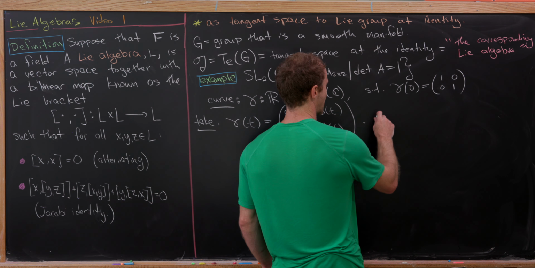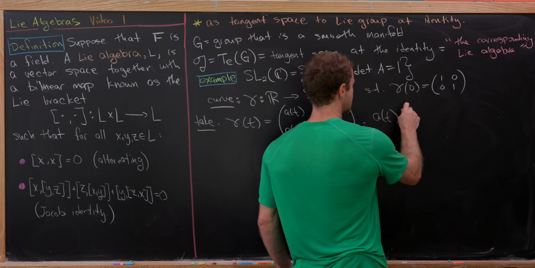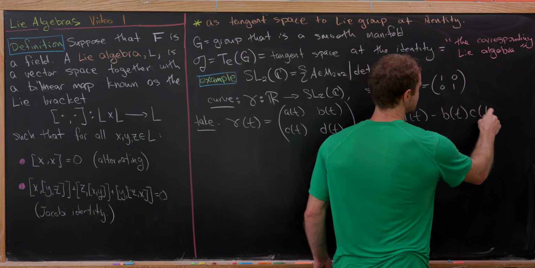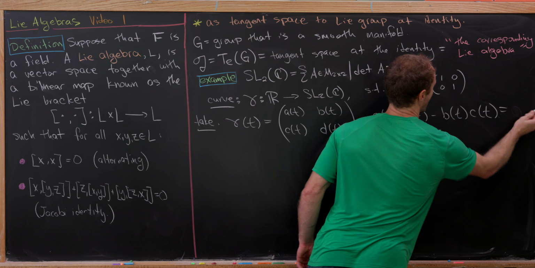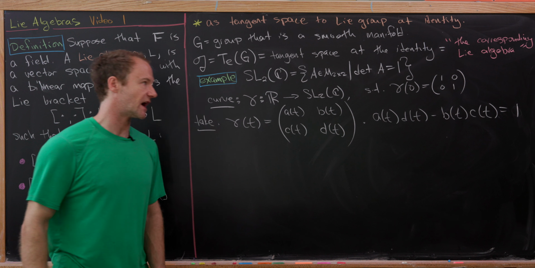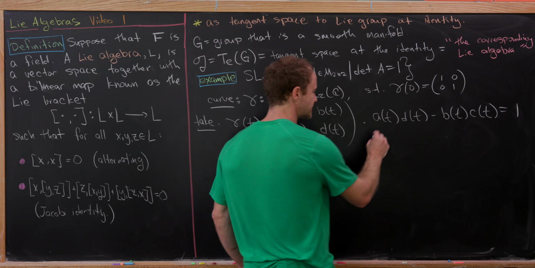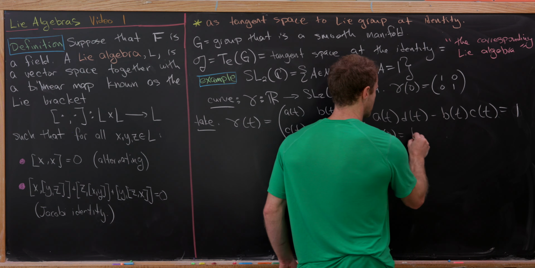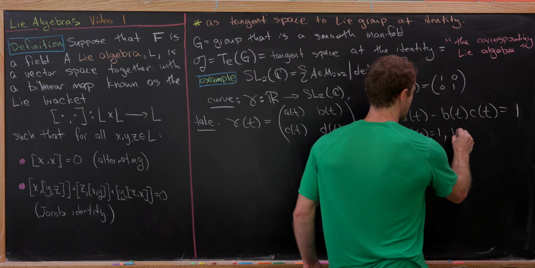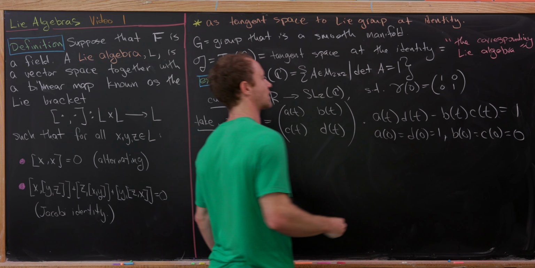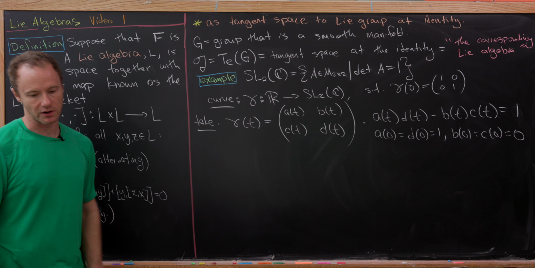Well, we know that A of t D of t minus B of t C of t equals 1. And that's going to be true for all values of t, because we're in SL2. We also know that A of 0 equals D of 0 equals 1, and B of 0 equals C of 0 equals 0. That's because we're at the identity at 0.